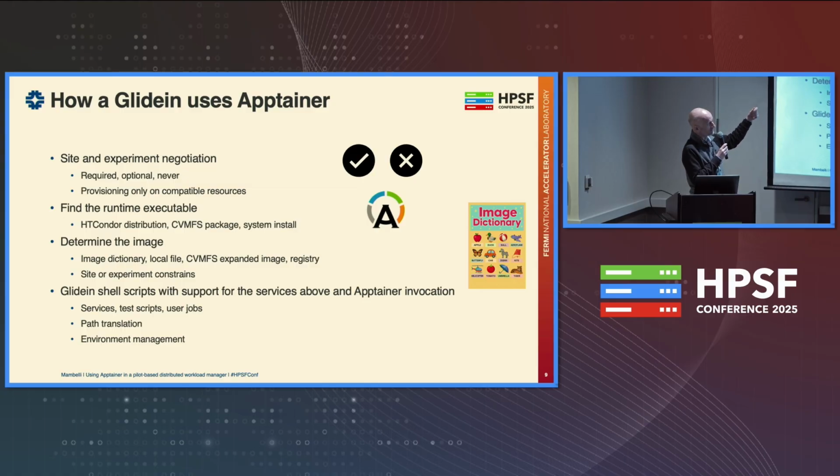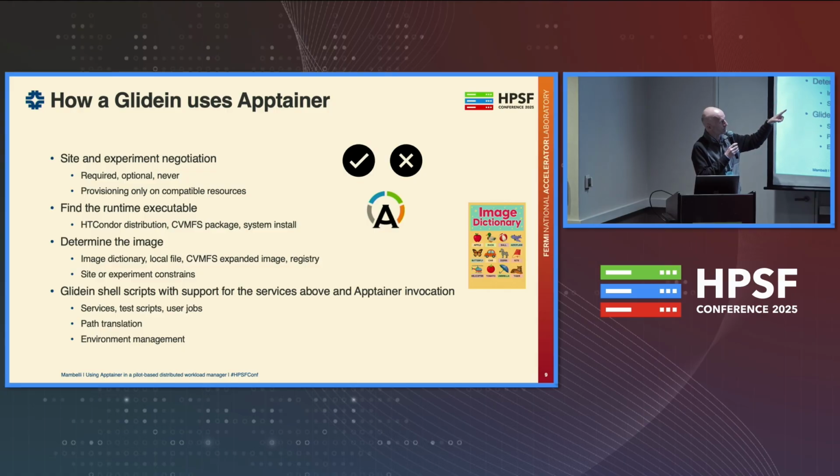We find the runtime executables, we find where Apptainer is available. So recently Condor added it in its distribution, so when we start the Condor components that are joining the cluster, a lot of the time we have Apptainer available there.